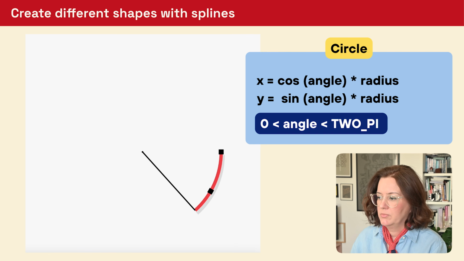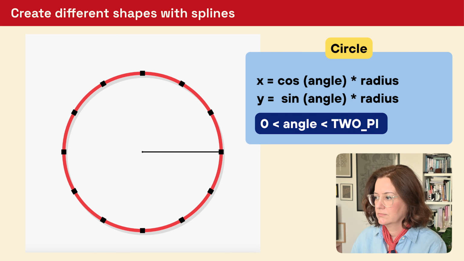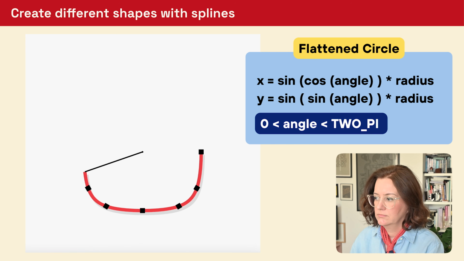In generative art, we often search for balance between chaos and order. So instead of placing points completely at random, we can arrange them into different shapes using some trigonometry or math functions. For example, we can place points along a circle. We can flatten a circle.